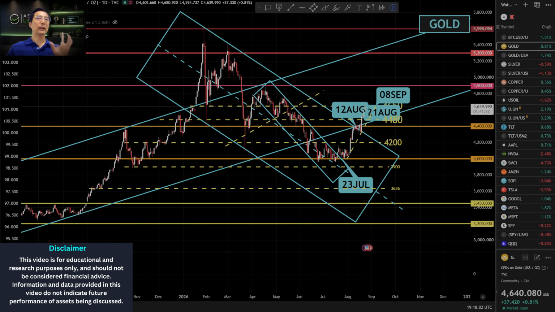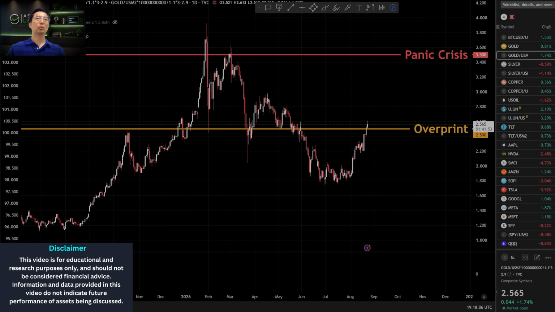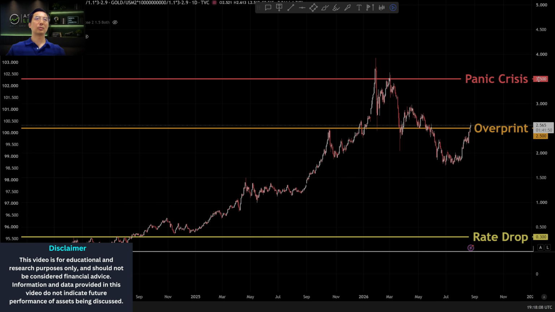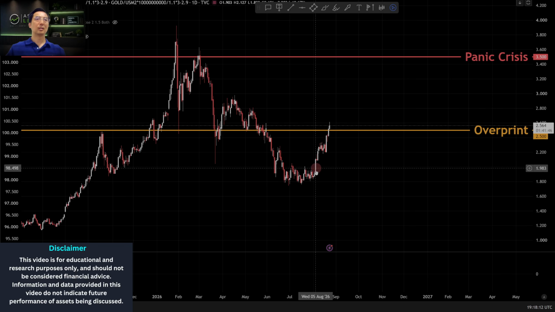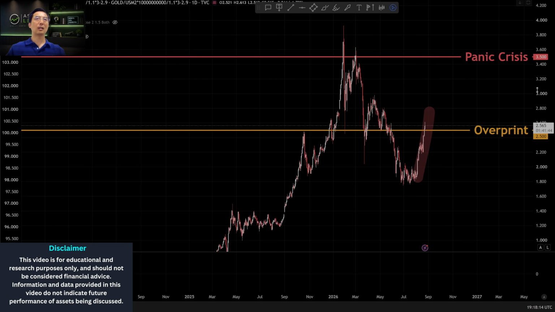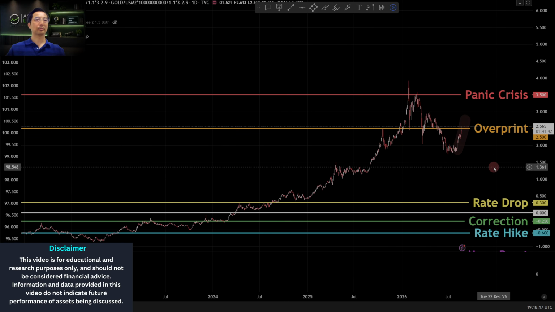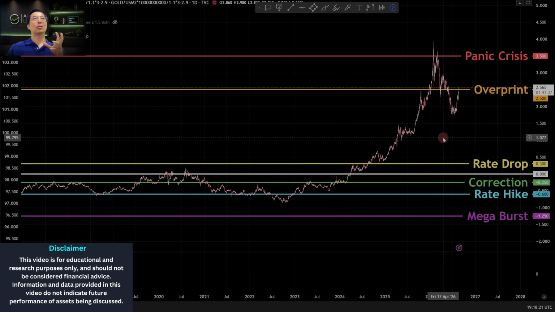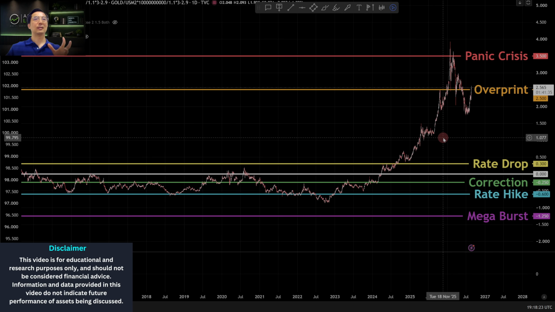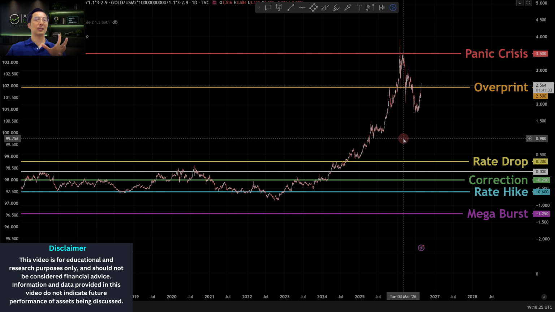And before we finish, of course, every time we have to look at this: the gold versus the US M2. It is climbing back to the overprint level again. So there are a couple of levels in this chart, because that's how we can tell where gold actually is versus money printed.